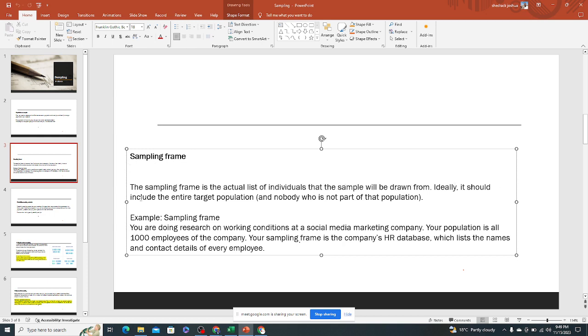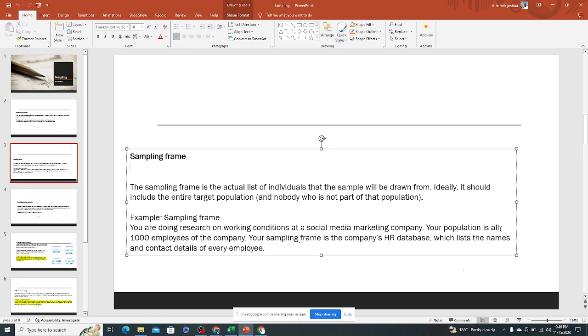Ideally it should include the entire target population. For example, you are doing research on working conditions in your company.